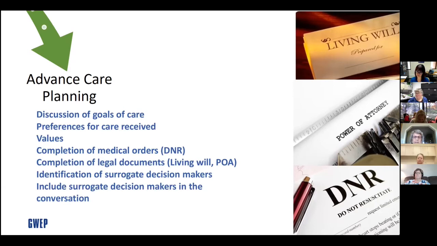Yes, I have a power of attorney, that kind of stuff. And I've shared my feelings and thoughts with that person, and that person knows how I feel, that if I can't think, there's no quality of life there, and I'm not interested in just existing and not living.